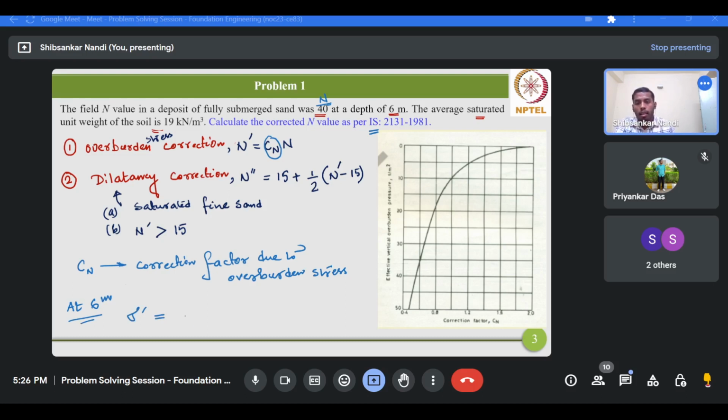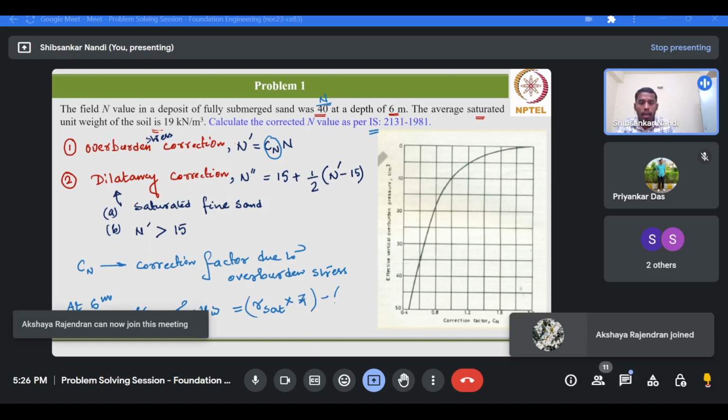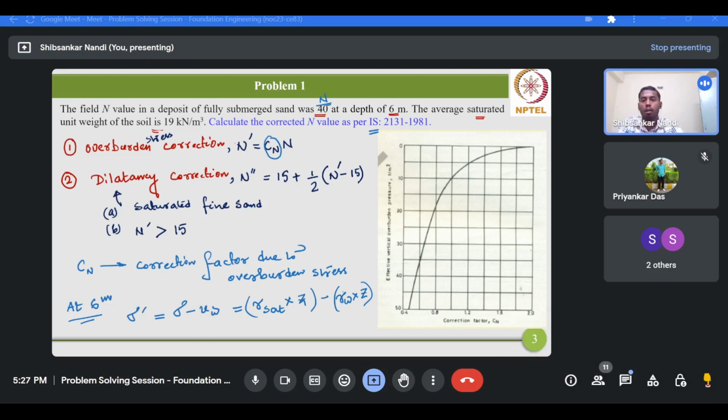Now how can we calculate it? It's very simple. It's total stress minus the pore water pressure. The total stress would be nothing but gamma sat multiplied by the depth Z, and then minus the pore water pressure, gamma W into Z. Since the soil deposit is fully submerged, you can assume that the water table is at the ground surface itself.